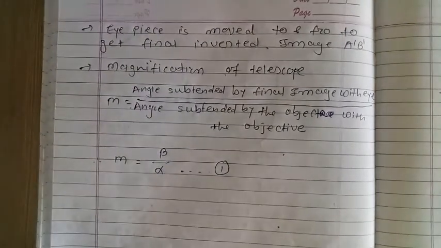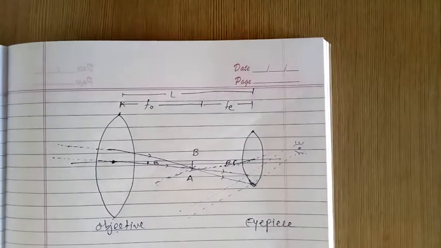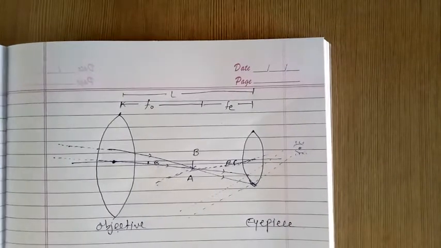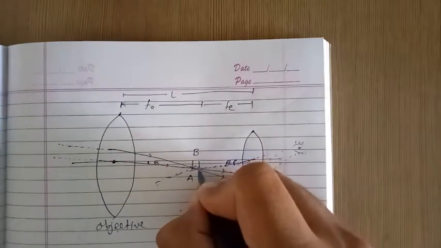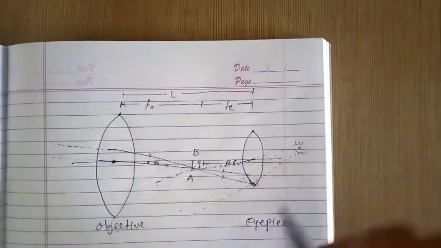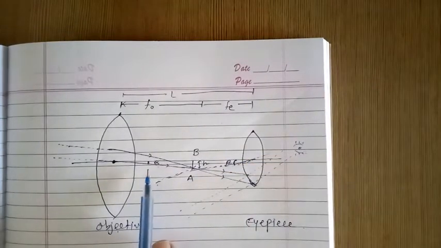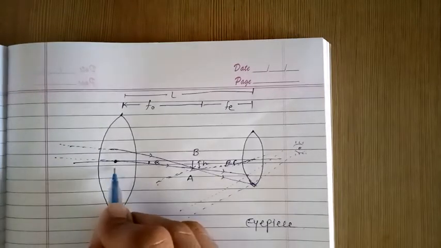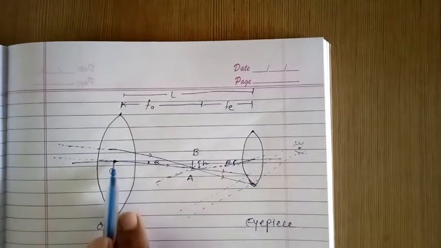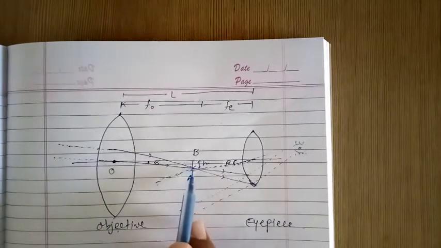Now we have to find out the values of alpha and beta. Suppose we assume the height of the image is h, and I denote this point by O. See this triangle OBA.